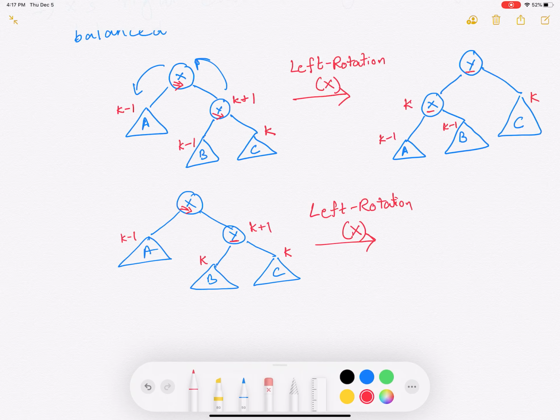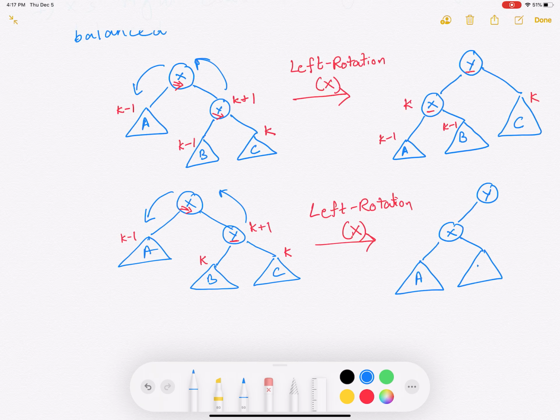Now we're going to apply the same logic if Y is balanced. That is, we apply a left rotation on X, so Y will move up. Here we will have Y, we have X with left subtree A and right subtree B, and we will have C. If you put the heights, C has a height of k, B has a height of k, and A has a height of k minus 1.